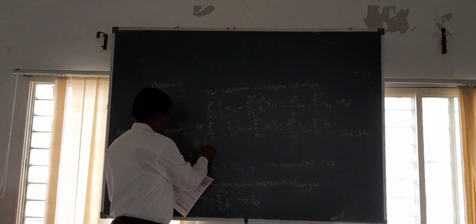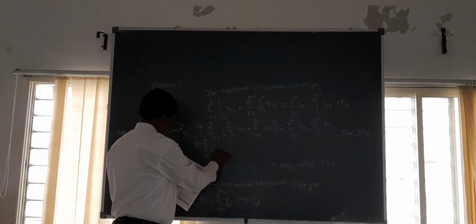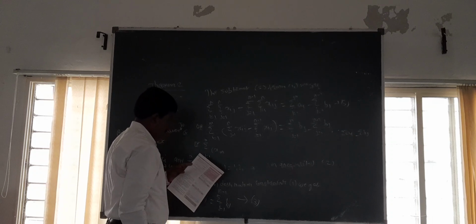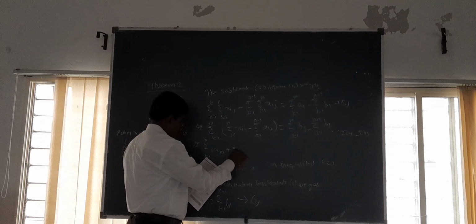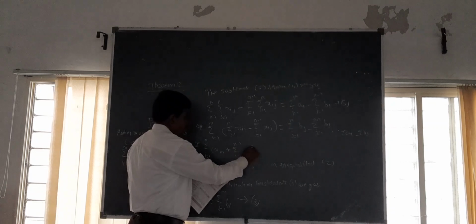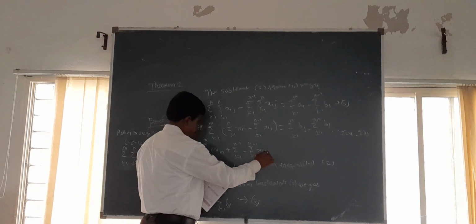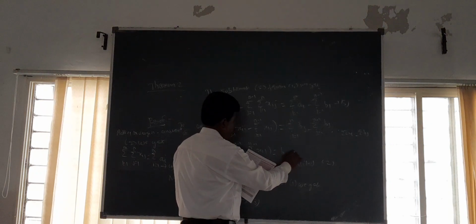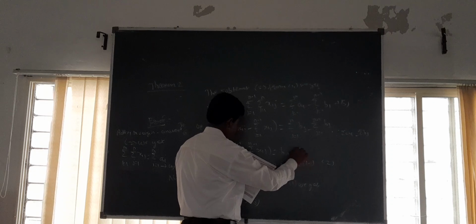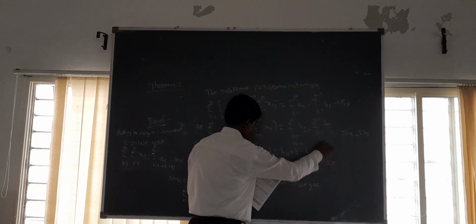Or summation of i equal to 1 over m x i n plus summation of j equal to 1 over n minus 1 minus summation of j equal to 1 to n minus 1 x i j equal to b n plus summation j equal to 1 over n minus 1 b j minus summation j equal to 1 to n minus 1 b j.